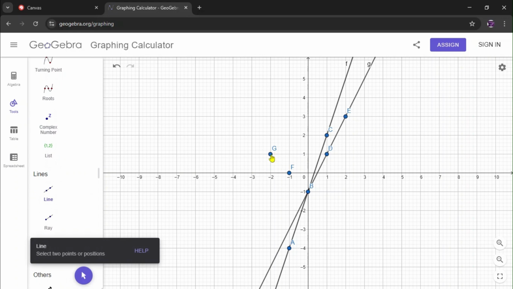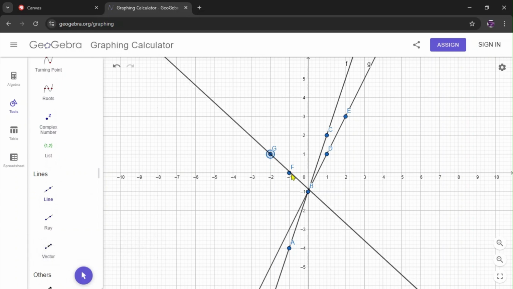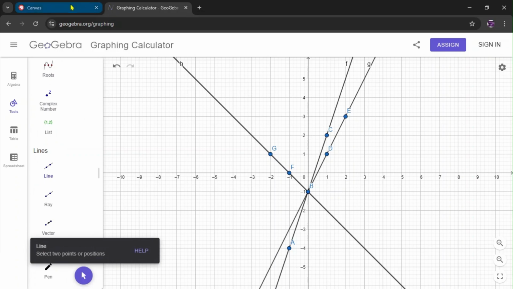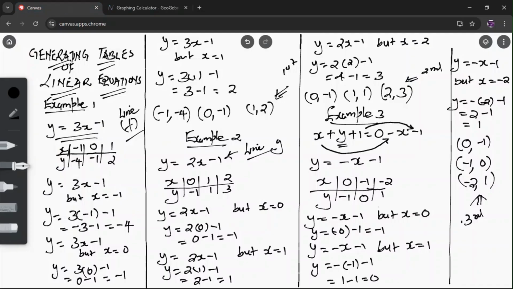My line will be something of this sort, a straight line passing through the 3 points. We are calling it line H.